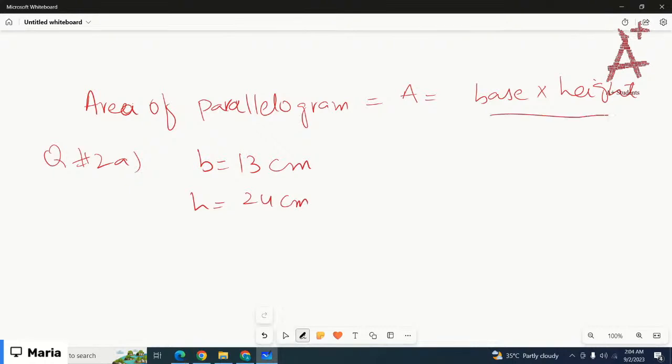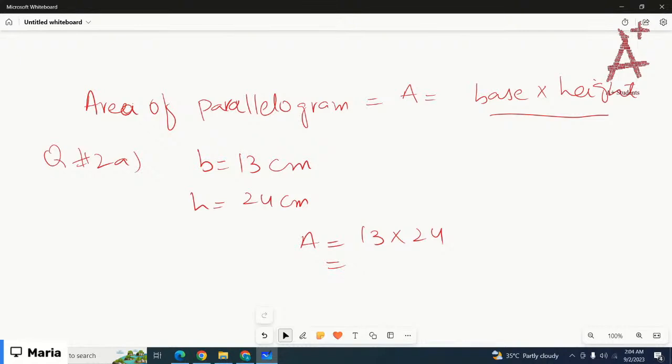So just use the formula, area equals base times height. Just multiply them, it would be 13 times 24. Hold on, let me just calculate the value. So 13 times 24 is 312.